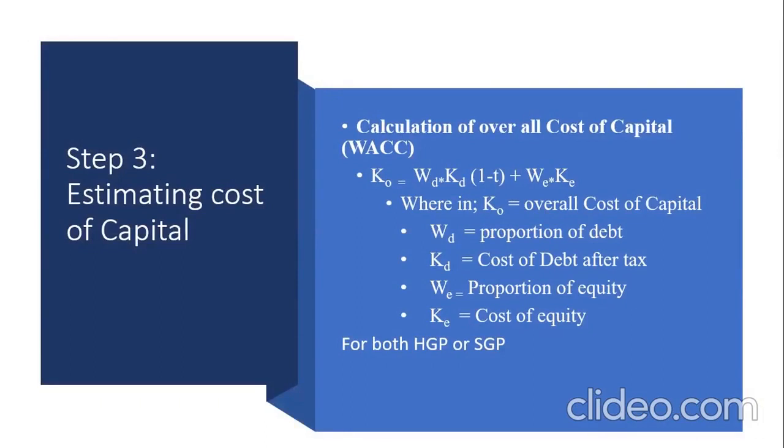The formula is KO equals WD into KD after tax plus WE into KE, wherein KO is the overall cost of capital, WD is the proportion of debt, KD is the cost of debt after tax, WE is the proportion of equity, and KE is the cost of equity. The overall cost of capital is to be calculated for both the higher growth period as well as the stable growth period.